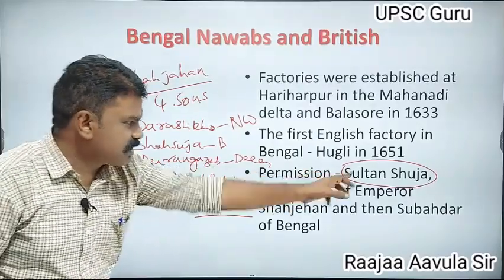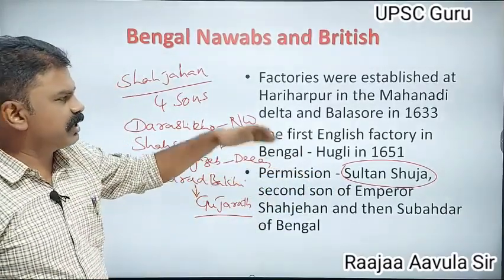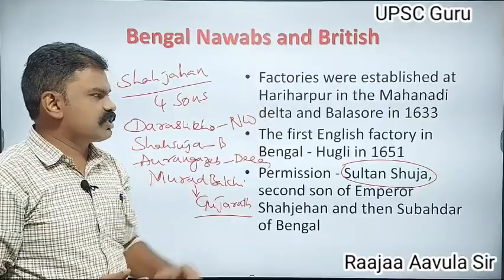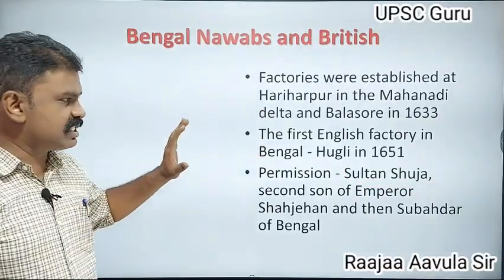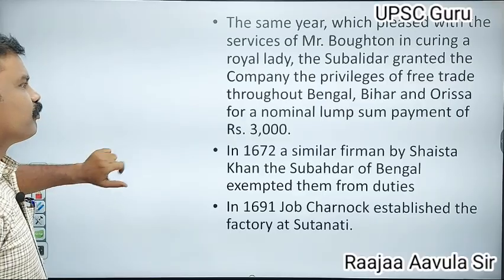While he was in Bengal, Shah Shuja gave permission to the British East India Company to establish a trade center at Hooghly. Hooghly was the first trade center of the British East India Company in Bengal.